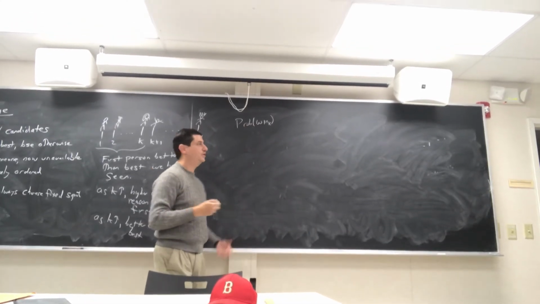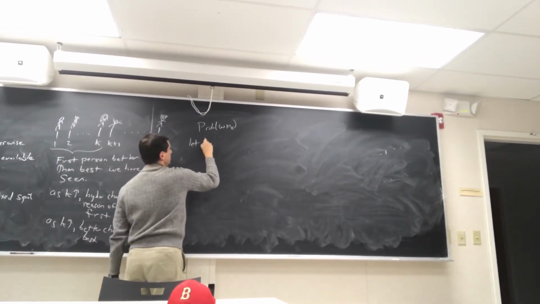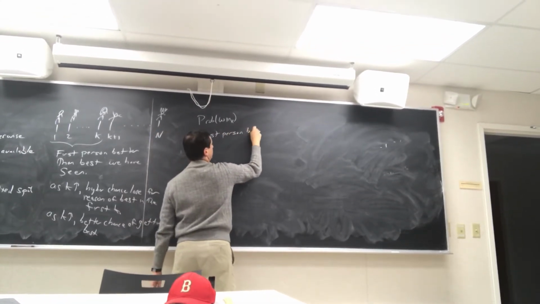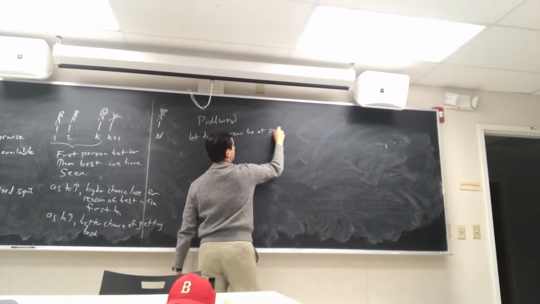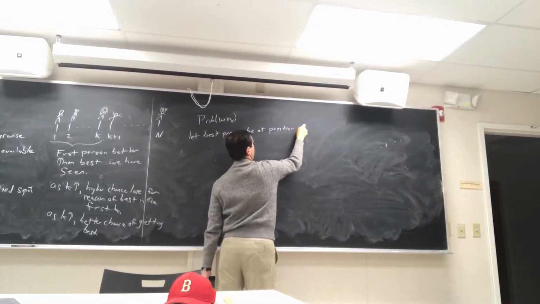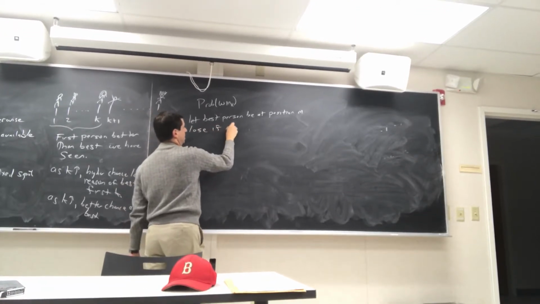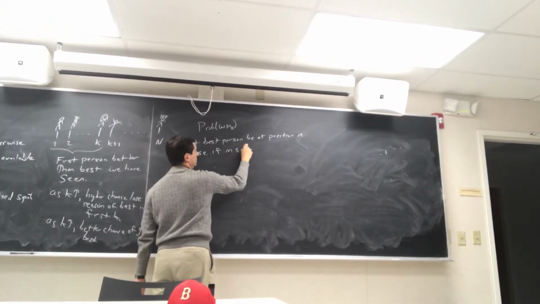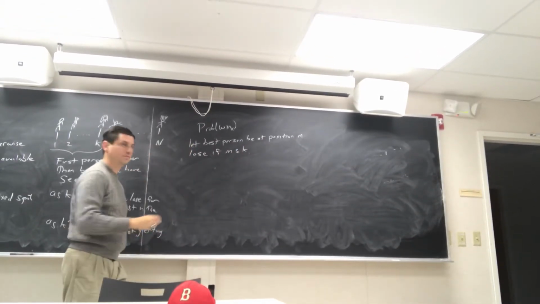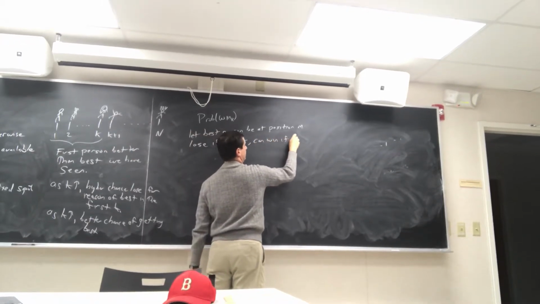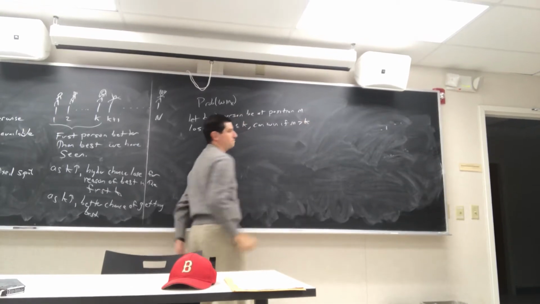So let the best person be at position m. You lose if m is less than or equal to k. You can win if m is greater than k.